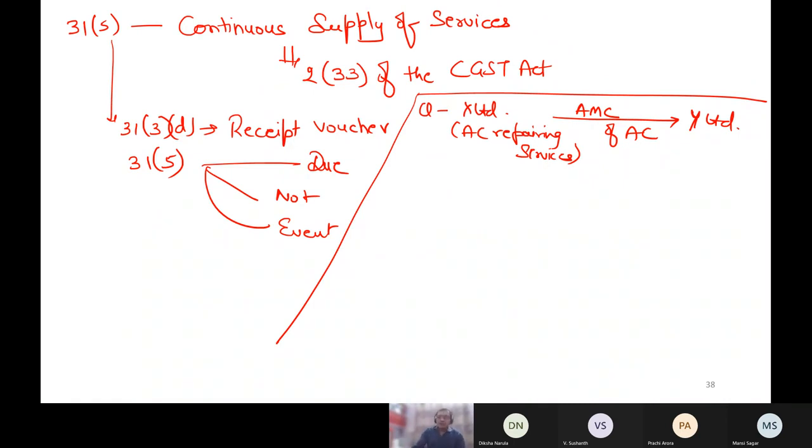Now the contract is of a one year period.